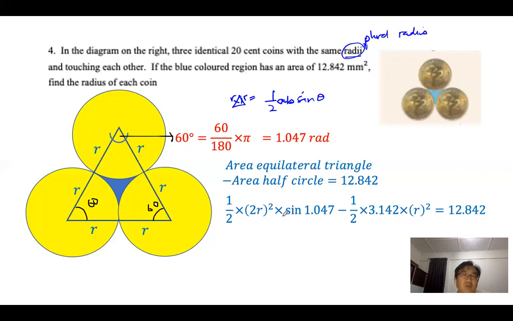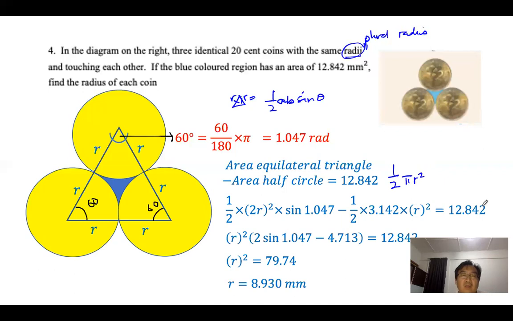So half 2R squared times sine 1.047 radian minus half times 3.142 times R squared, because pi R squared for a half circle gives half pi R squared. It equals 12.842. Then you simplify, you get R squared equals 79.74. Therefore R is 8.930 millimeter.